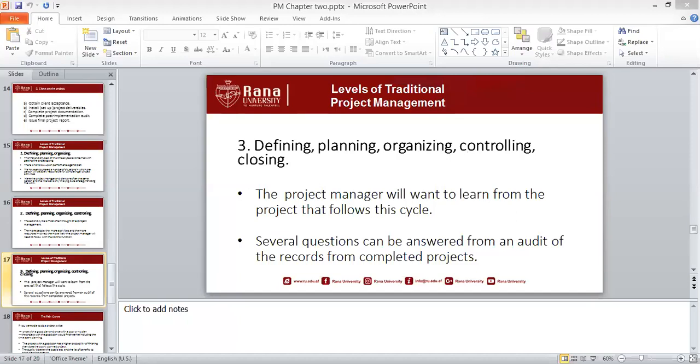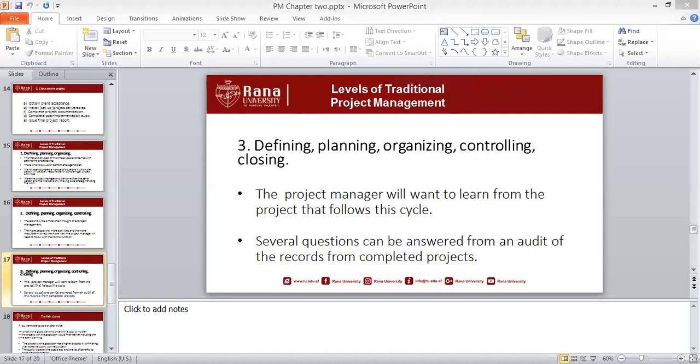The project manager has to develop some questions on the basis of which he or she will archive the information. For example, was the project successful? Has the project achieved its deliverables? Was the project according to customer satisfaction? Was the project according to stakeholders' requirements? And there could be more questions.